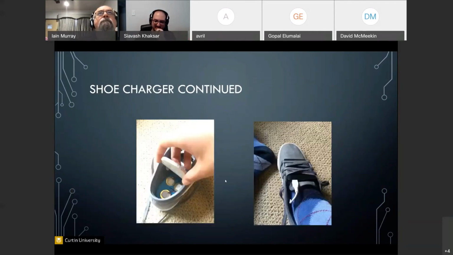An interesting project he made. So look at his setup with the shoe inlay, and then putting the power bank there to save, and then charge the phone from there.